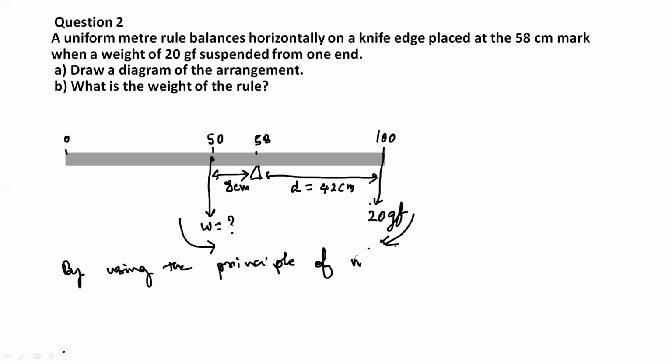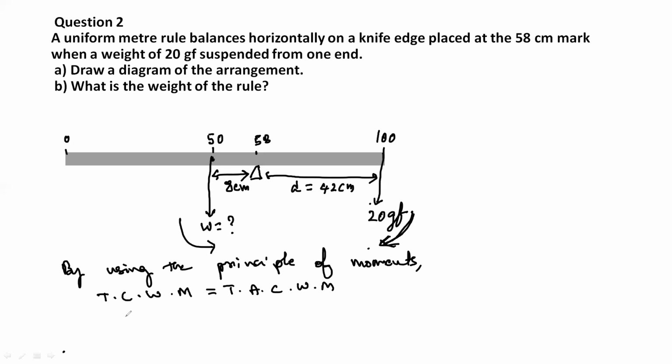By using the principle of moments, we can say that total clockwise moments is equal to total anti-clockwise moments. This one is a clockwise moment, the moment caused by the force 20 gf.